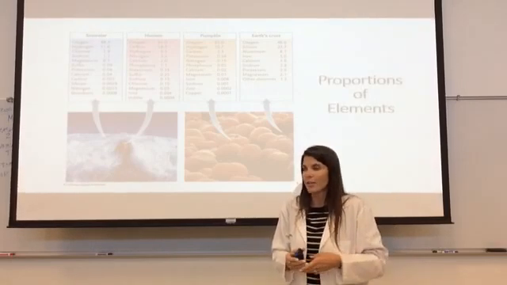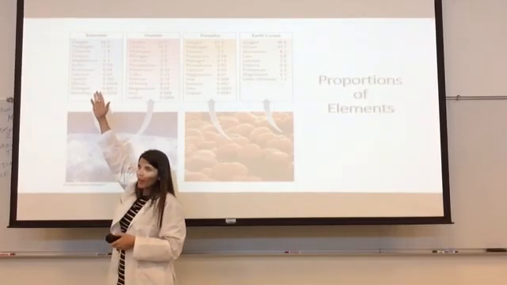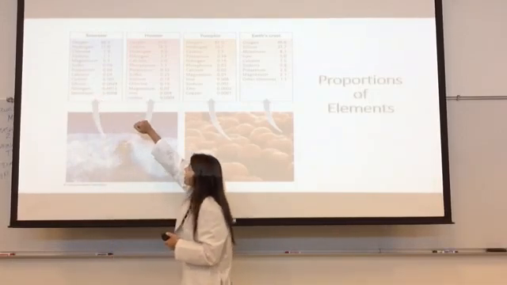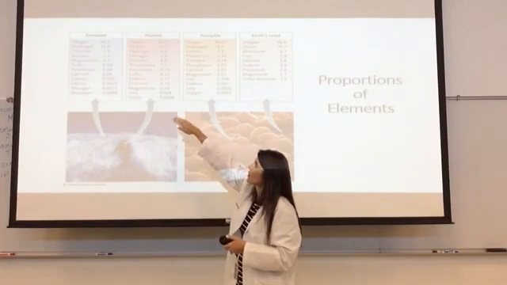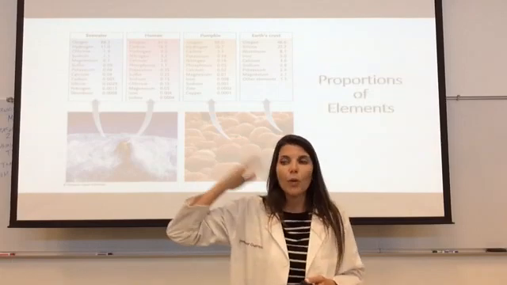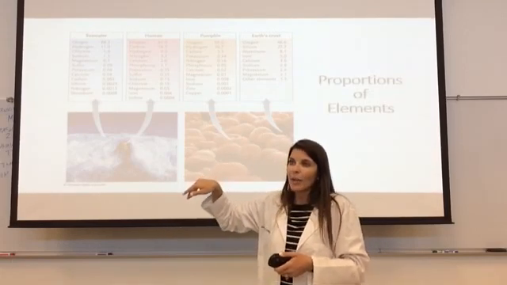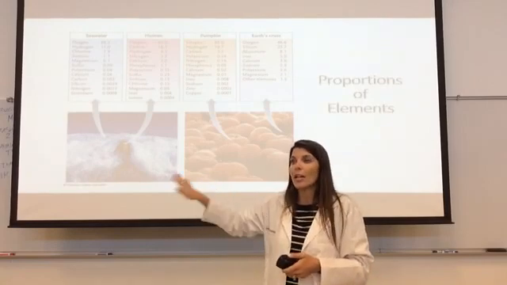The very top element in abundance in the ocean is oxygen, then hydrogen, then chlorine, then sodium, then carbon's not even up there.